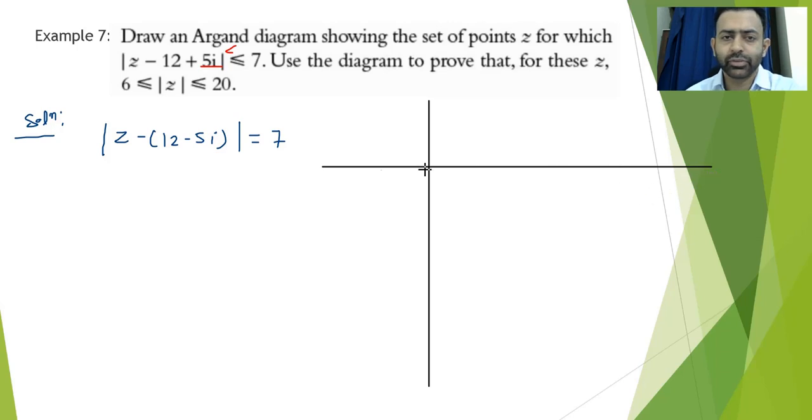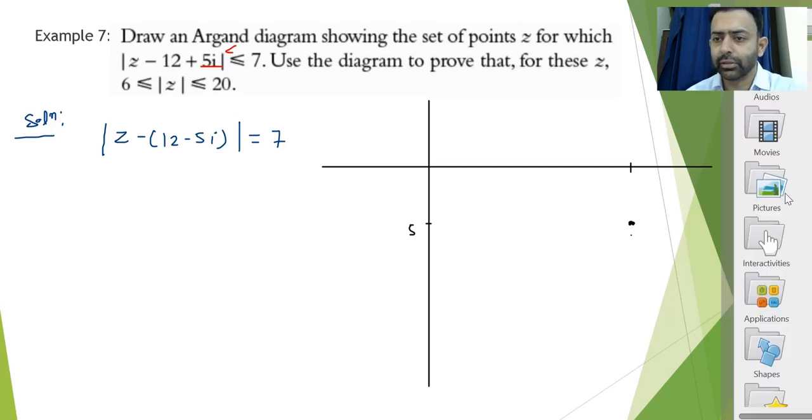I'm saying that this x coordinate is 12 and y coordinate is minus 5. So roughly, this is 12 and this is minus 5. I'm taking this point as the center, and let me draw an exact circle here.